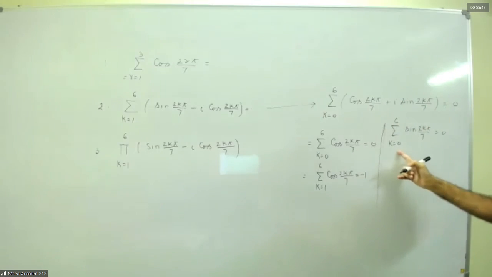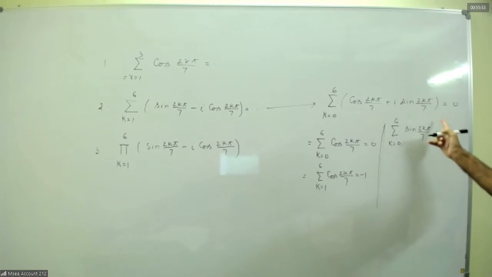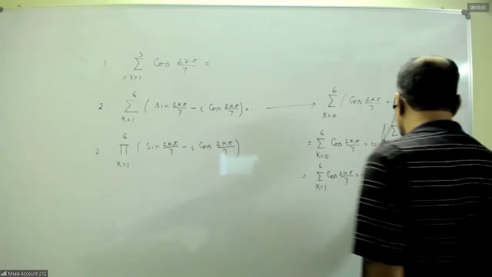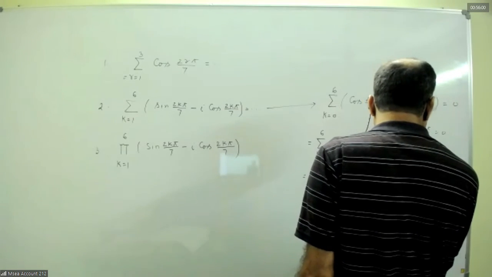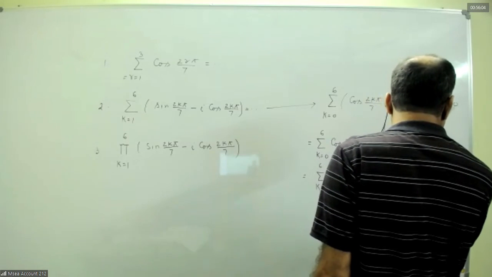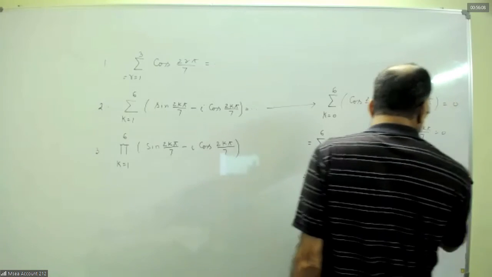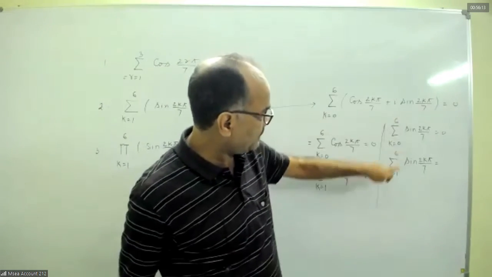Now, even if you send the first term to the right side, it will remain the same. For k equal to 0, sin 0 is 0. The summation of k going from 1 to 6 of sin 2k pi by 7 is again, this will be how much? Here from 0 to 6, here from 1 to 6.